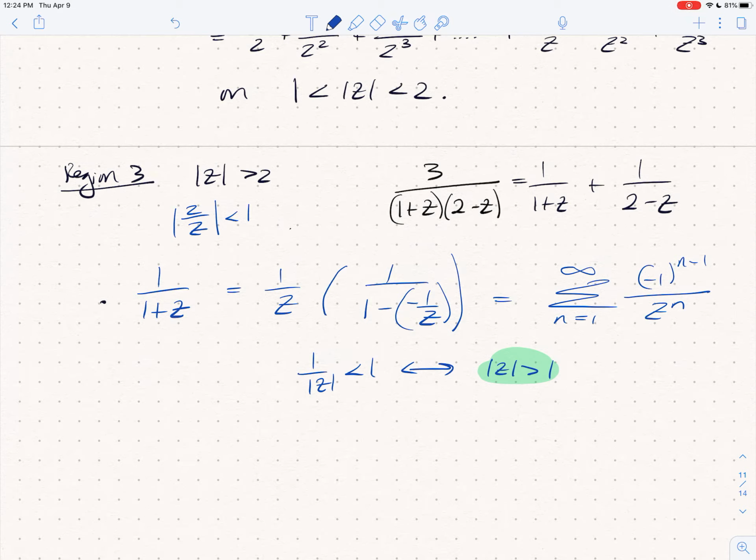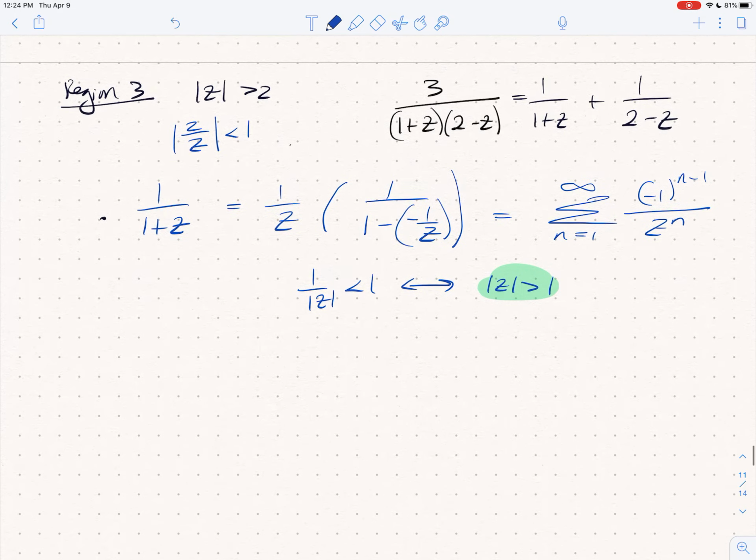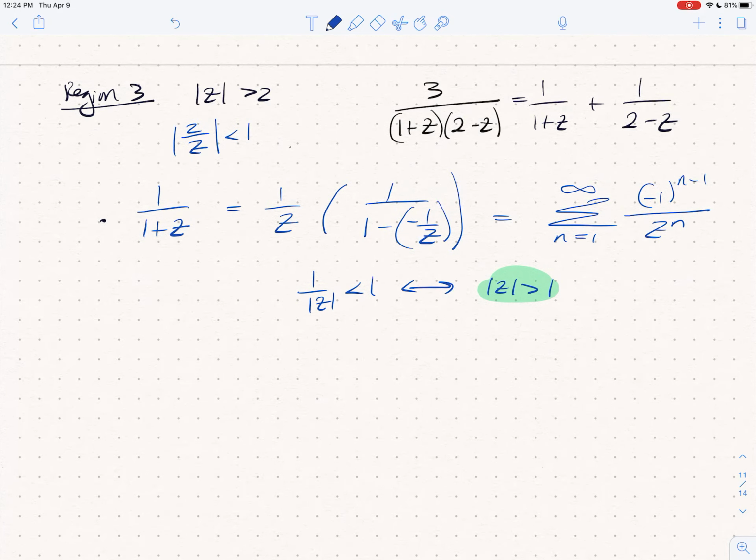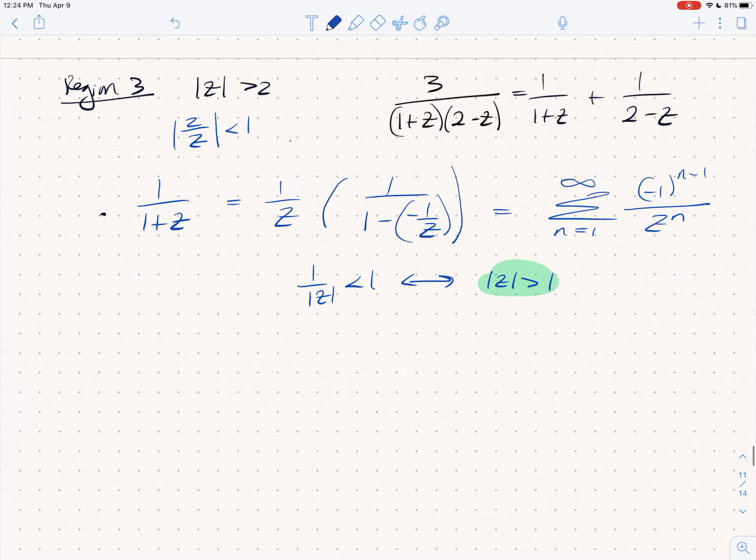You could also manipulate this with z over 2 bigger than 1 and then reuse the geometric series that we found before. There are lots of ways to do this. I'm just going to flip it and say that's the same as the modulus of 2 over z being less than 1. At this point, I need to play around with my function.